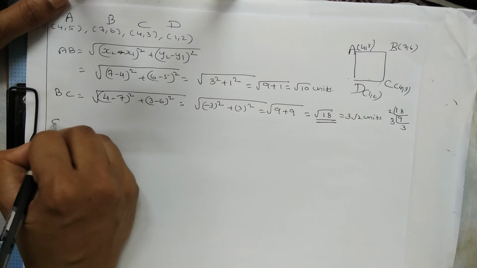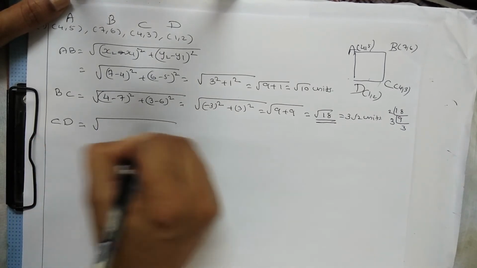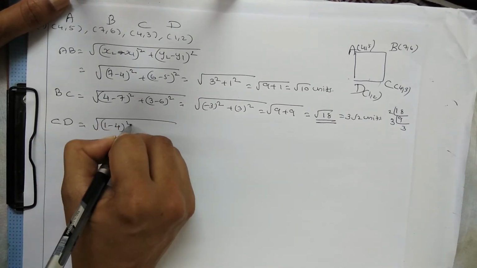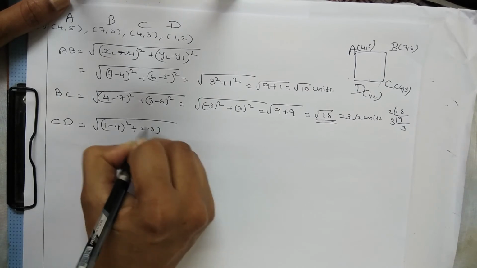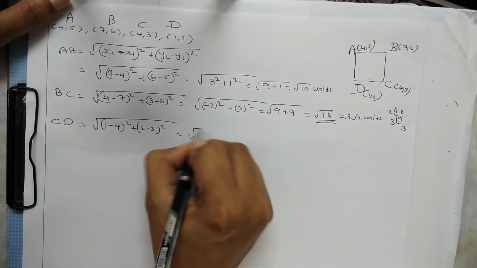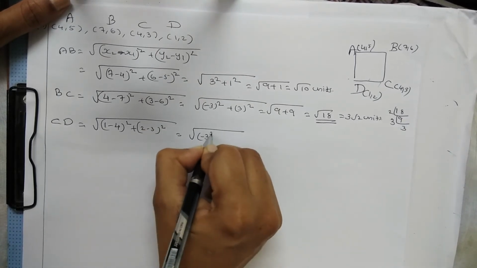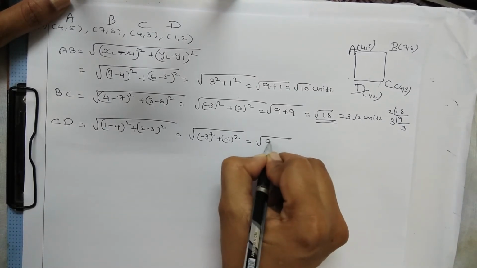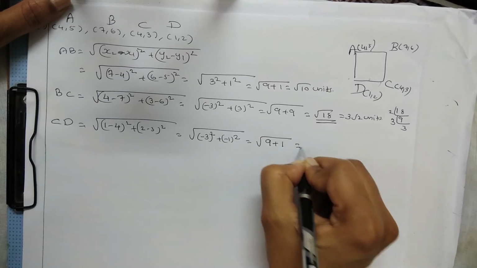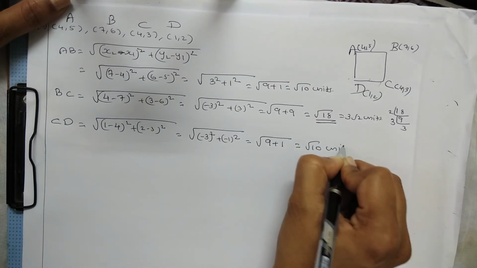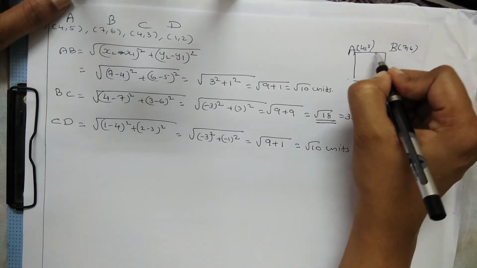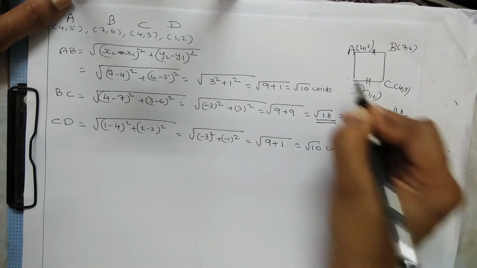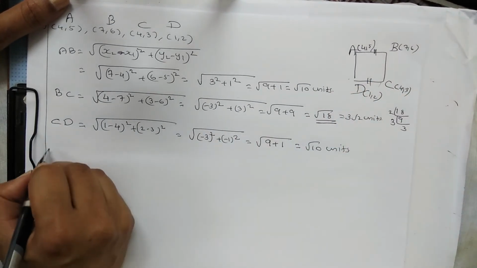Now CD. CD is equal to root of 1 minus 4 the whole square plus 2 minus 3 the whole square, that is equal to root of minus 3 the whole square plus minus 1 the whole square, that is equal to root of 9 plus 1, it is equal to root 10 units. See here, you are getting AB is equal to CD. Then we will check BC, now AD we will check.